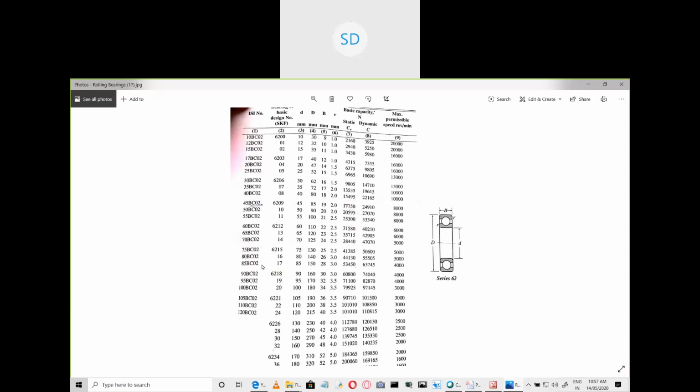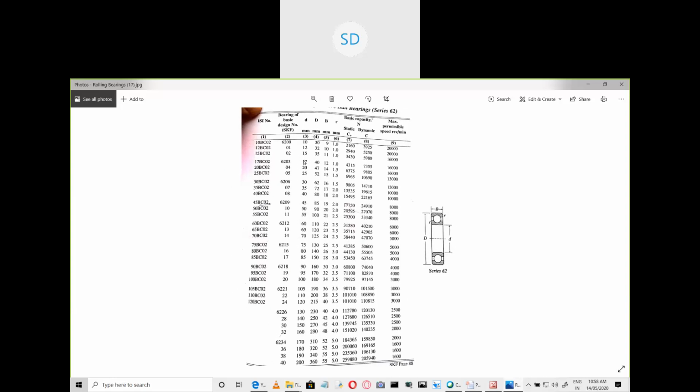Let us take an example. You have a small diameter d.